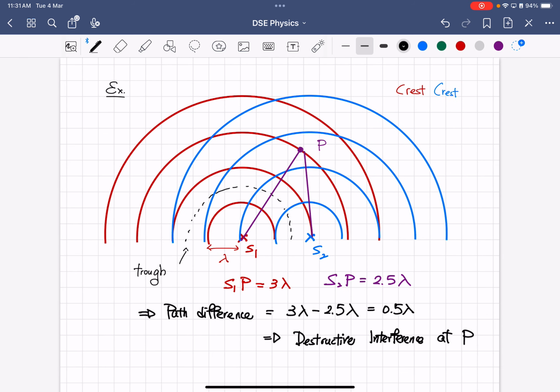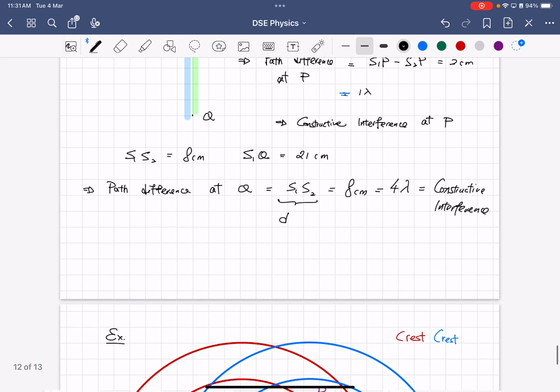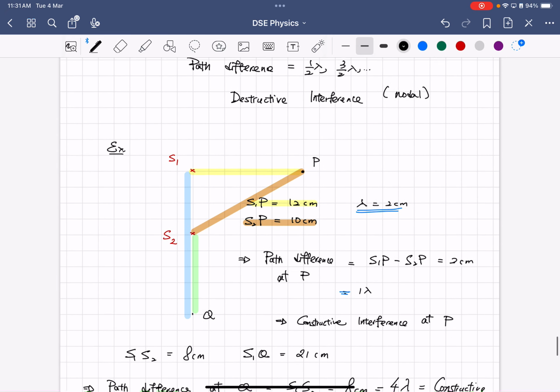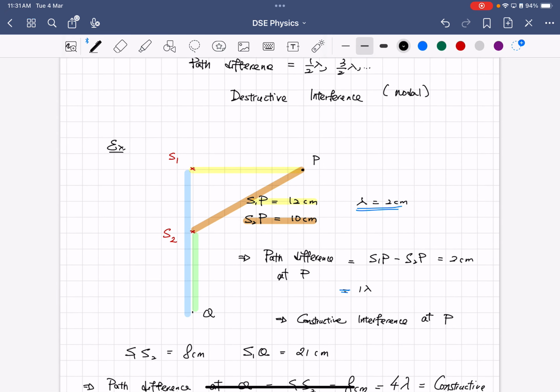So this is an example of how to use the path difference to solve interference questions. This one is very obvious: you are given these wavefronts, then you just count. This time, not given any wavefronts, then you need some trigonometry to find out the length.